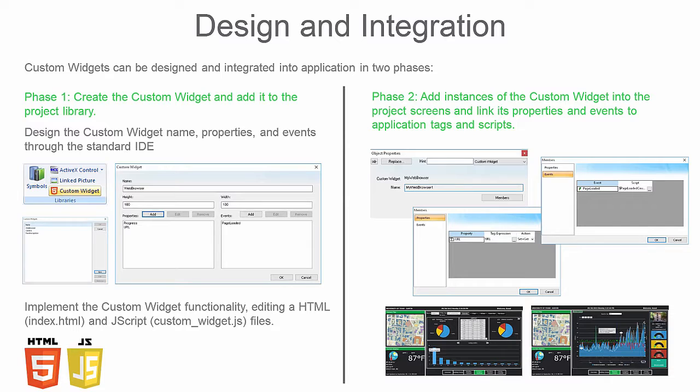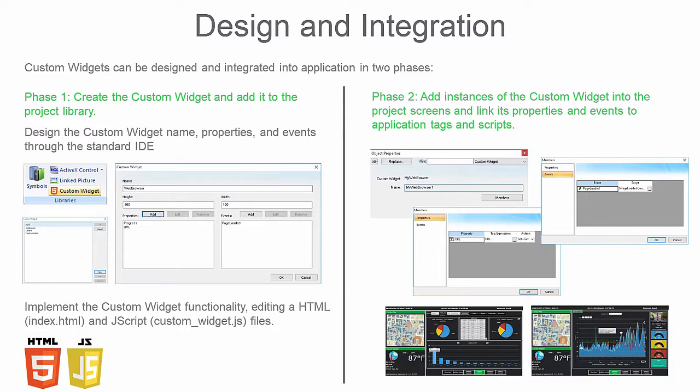Once it's done once, this custom widget is automatically available in the library for the project, and then users can just add instances of this custom widget to the application, which is phase number 2, and just bind tags and scripts to the properties and events created for the custom widget. So phase 2 does not require any programming skills whatsoever.